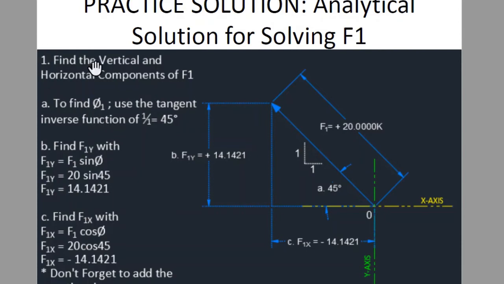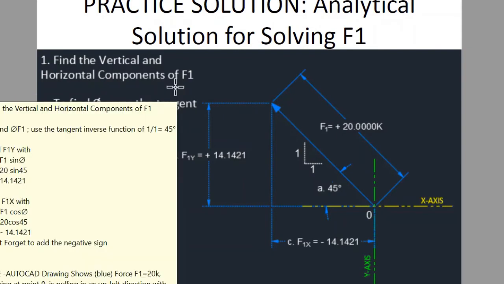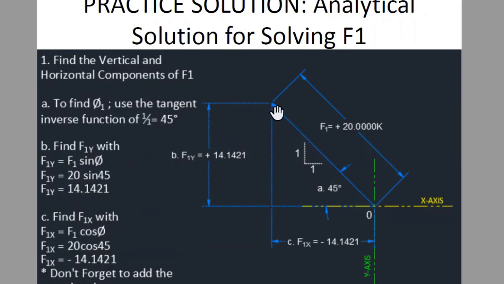First, we find the vertical and horizontal components of F1. Graphically, we can easily see that by adding dimensions, we can quickly find the F1y and F1x components.